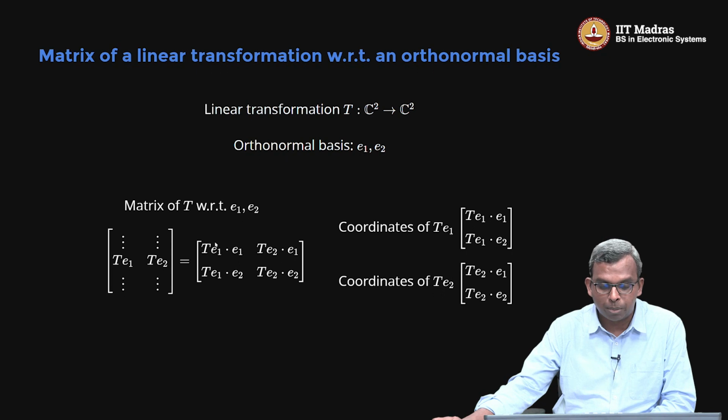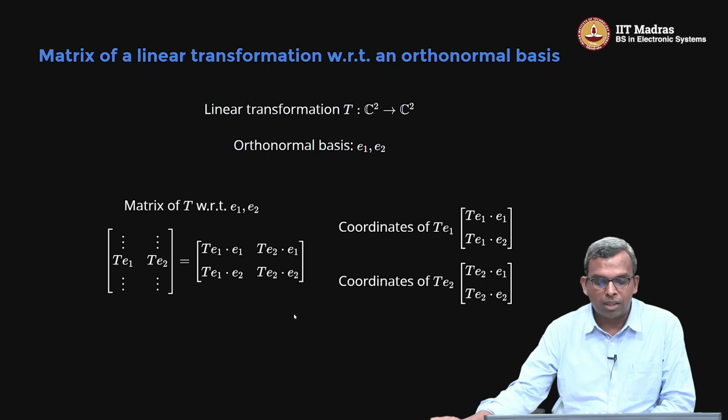Once again, remember there are brackets around this TE1, TE2. It's not like you have to do this first and then take the dot product. So basically the point is, if you have a linear transformation T and an orthonormal basis with respect to which you want to find a matrix, it's really simple. You take the coordinates very directly and you get the matrix.